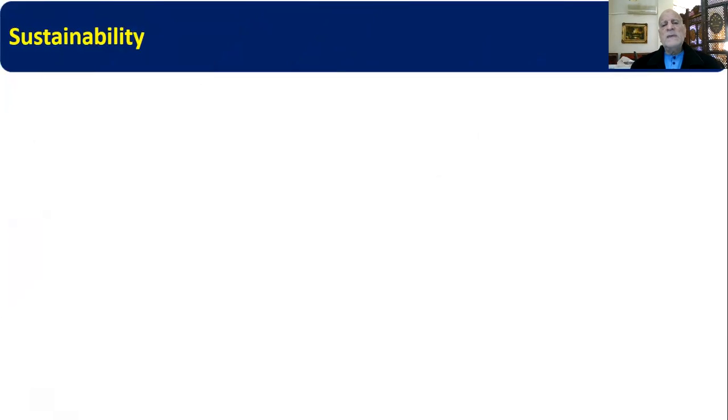And now let us speak about sustainability. What does it mean? Sustainability means the balancing of the organization's short and long-term goals in all three dimensions of performance. That is, the social dimension, environmental dimension, and financial dimension.